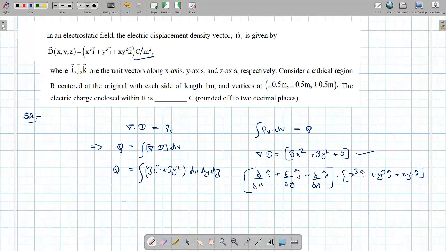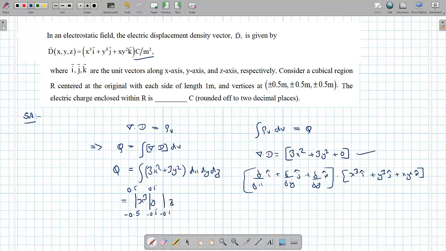So one by one we can take this. For x cube, I write the integration from minus 0.5 to 0.5, times y and z, each from minus 0.5 to 0.5.